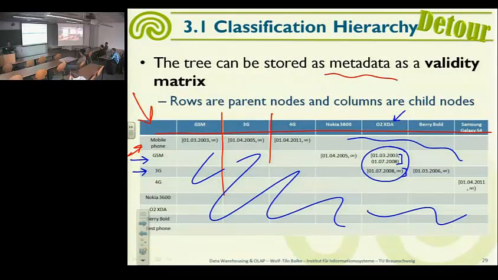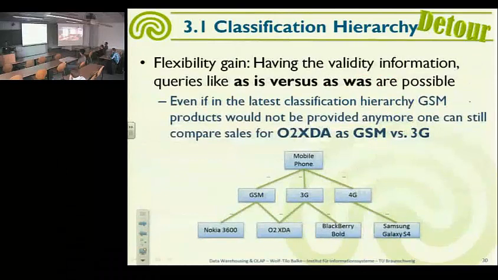Unless you're Amazon and you have millions of products, this solution works pretty well. If you're Amazon, then you probably have to do something else. But up until 100,000 articles, it's really not a problem to hold such a validity matrix with these timestamps, and the queries can run pretty fast and at a high performance level.